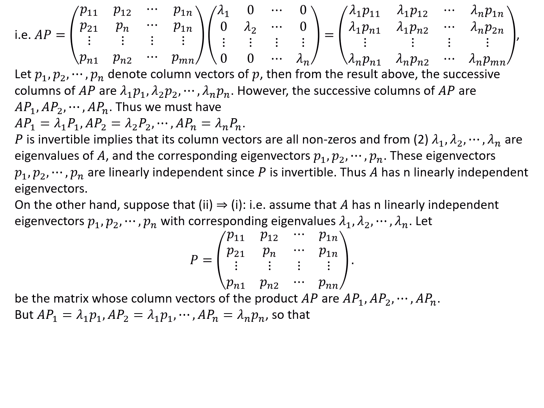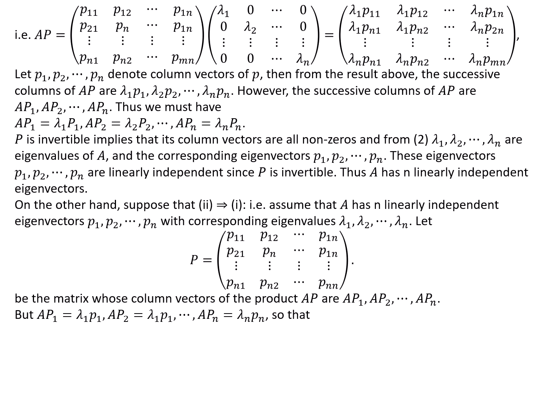P is invertible, which implies that its column vectors are not zero. From the multiplications you have there, lambda 1, lambda 2 up to lambda n are eigenvalues of A, and the corresponding eigenvectors are P1, P2, up to Pn.